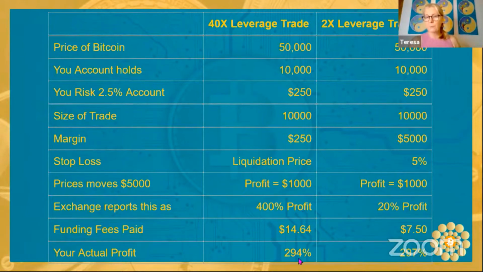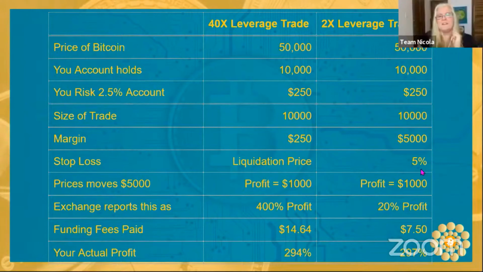In this case, you actually made 297% on the money you actually risked, because you weren't risking $5,000, you were risking $250 because you used a stop loss at 5%. So the majority of the money you put into this trade was not at risk because your stop loss protected it. I think that deserves a like, at least, guys.